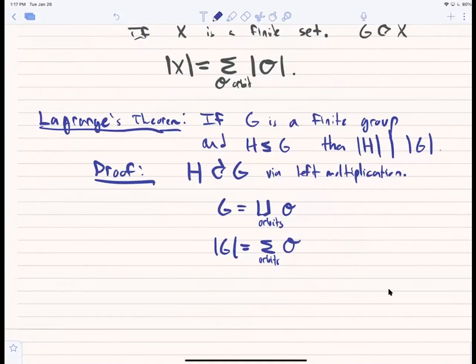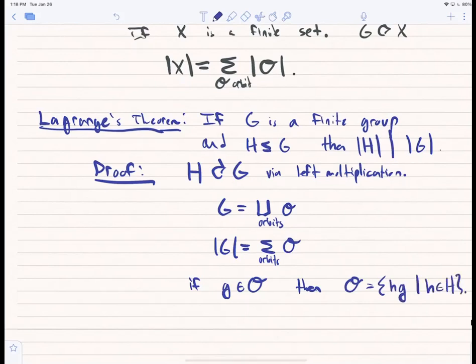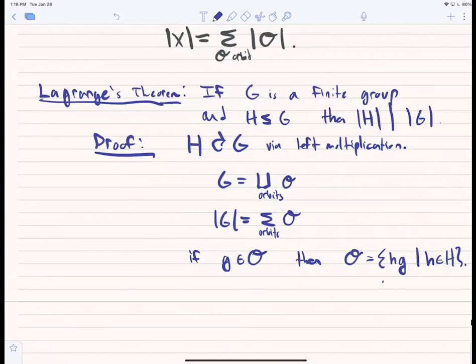But what's the size of an orbit? Well, if g is contained in some orbit O, then O is just the set of all the elements I can get to by multiplying g by elements of H. So it's just the subset of G of all the elements I can get to by multiplying by an element of H. But these are all distinct.